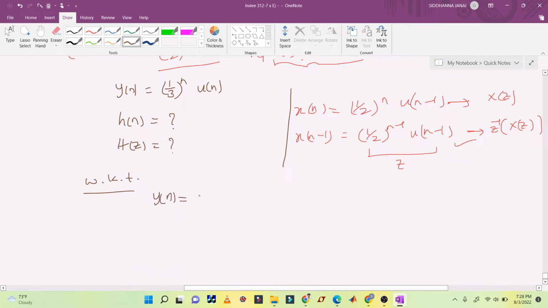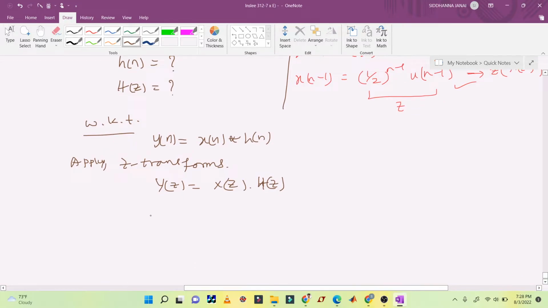y of n is equal to x of n convolution h of n. Applying z transforms, we get y of z is equal to x of z multiplied by h of z.